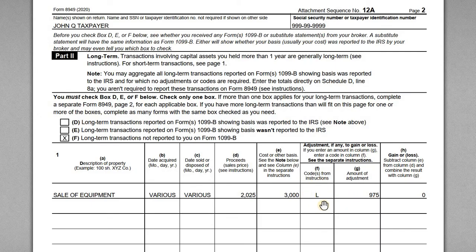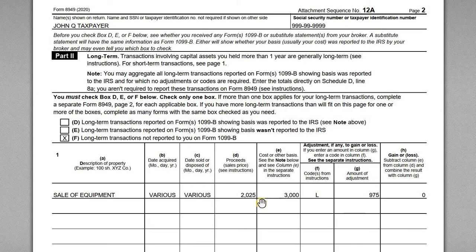So code L, if you look at the 8949 instructions, is a non-deductible loss that's not a wash sale, right? Wash sales apply to certain losses for trading stocks and other securities. But in this case, we have a non-deductible loss related to something other than that. So code L works.